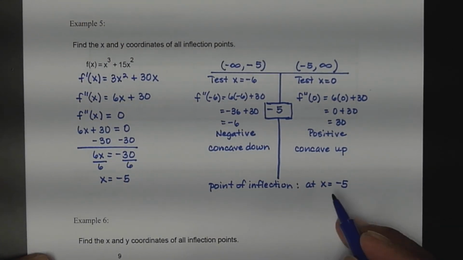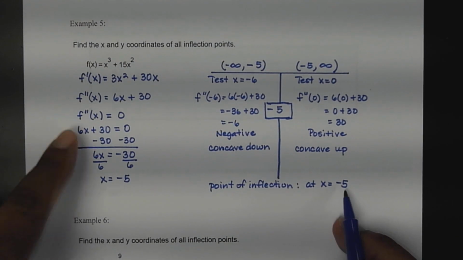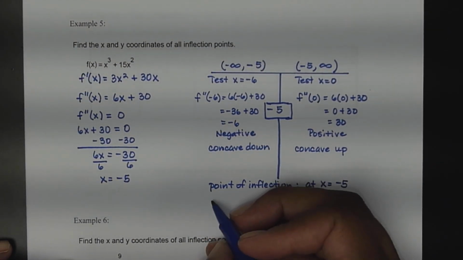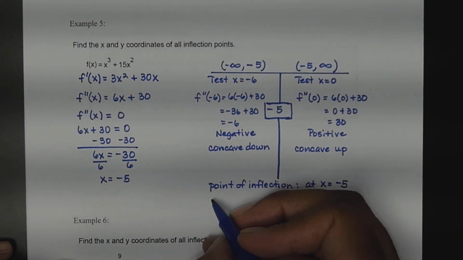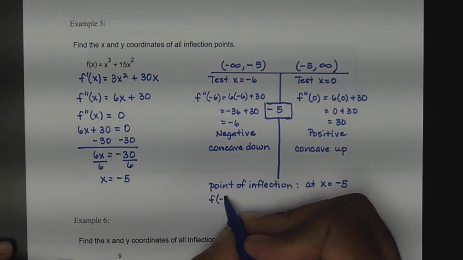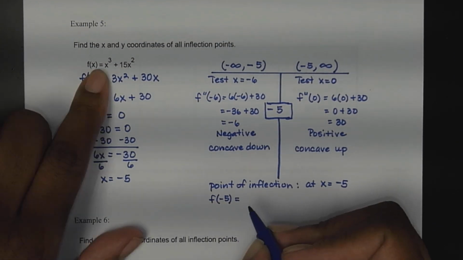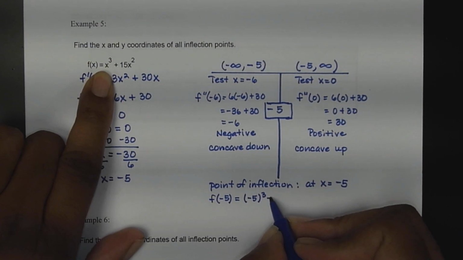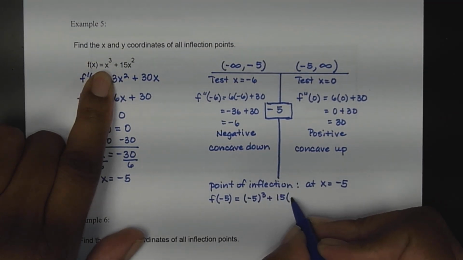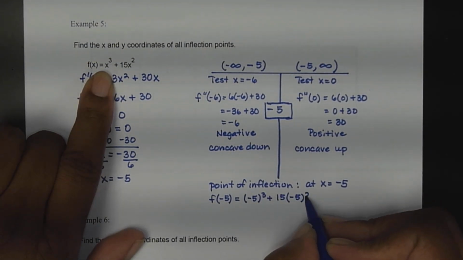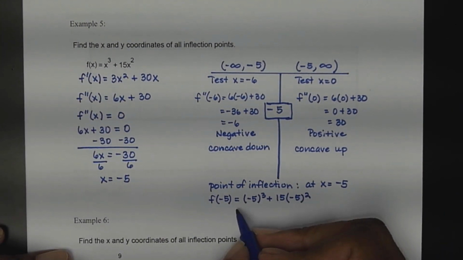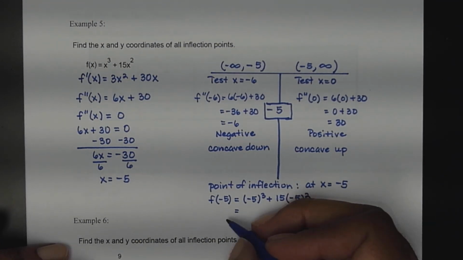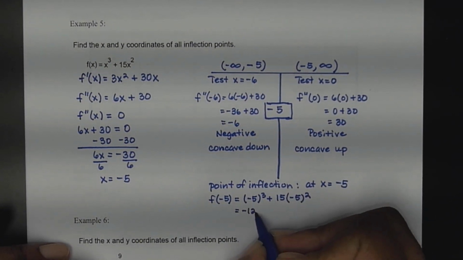To find that out, we just substitute negative 5 in for x in the original function, f of x equal to x cubed plus 15x squared. So f of negative 5 would be negative 5 cubed plus 15 times negative 5 squared. Negative 5 cubed would be negative 5 times negative 5 times negative 5, or negative 125.